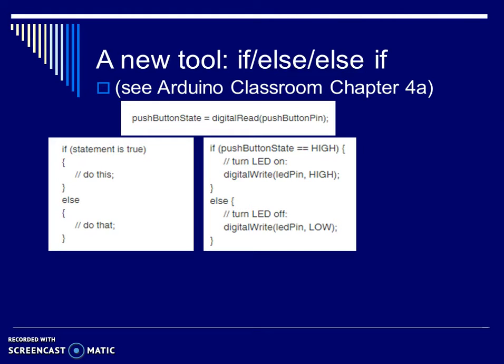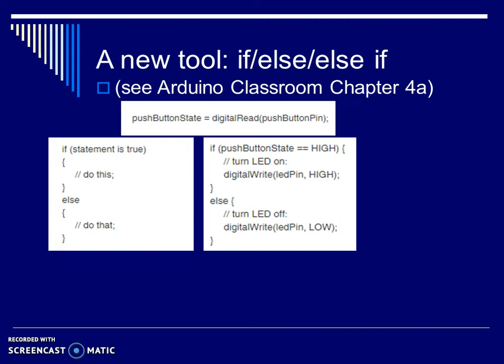What I'd like you to do instead is use the switch as a toggle. So if the switch is touched once, it turns the LED on, and the LED stays on until the switch is tapped a second time, in which case it turns the LED to low. So you'll need a slightly different logic than they have here.